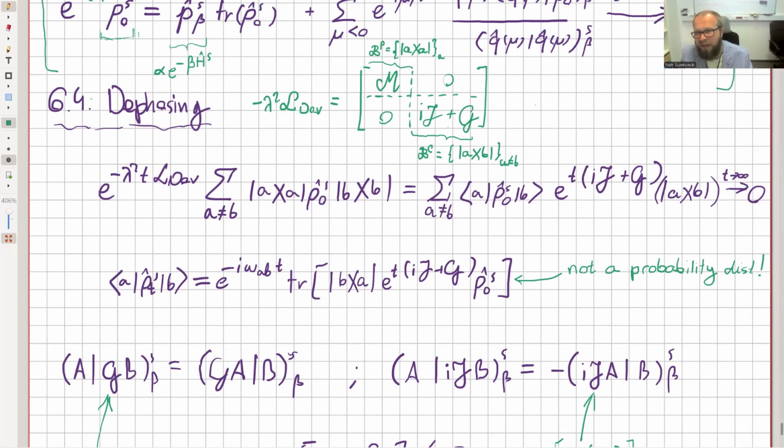What is meant by this? So iJ is something that can be written, I don't remember if I used a minus here, as a commutator with, let me write it like this, a Hermitian operator inside.